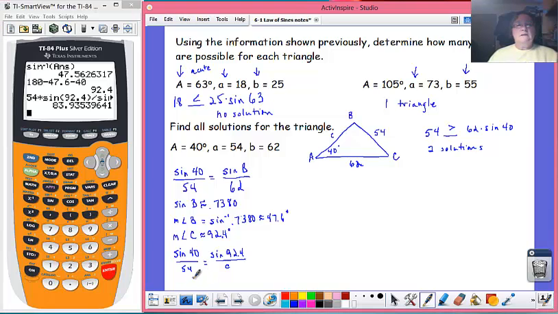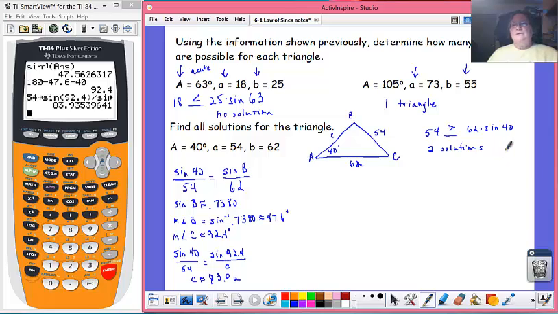Okay, I'm getting a C that is approximately 83.9 units, whatever those units are. And I think that makes sense. If C is the biggest angle in this triangle, then the longest side must be across from it. But, however, we said that there were two solutions.